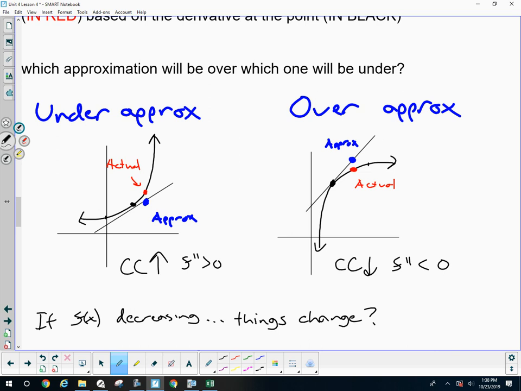So this is still concave up, but we are decreasing concave up. This is still concave down, but we're decreasing concave down. Does it change whether or not you're increasing or decreasing? What do we think?